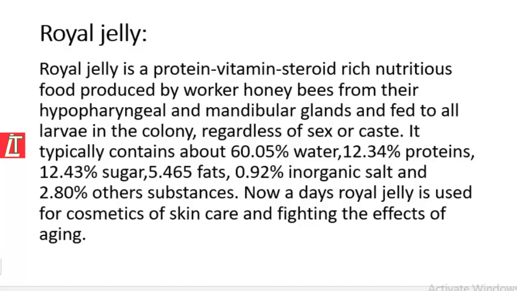It typically contains about 60.05% water, 12.34% proteins, 12.43% sugar, 5.465% fats, 0.92% inorganic salt, and 2.80% other substances. Nowadays, royal jelly is used for cosmetics, skin care, and fighting the effects of aging.